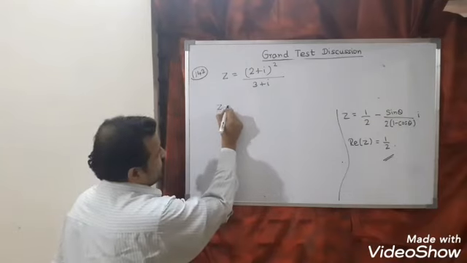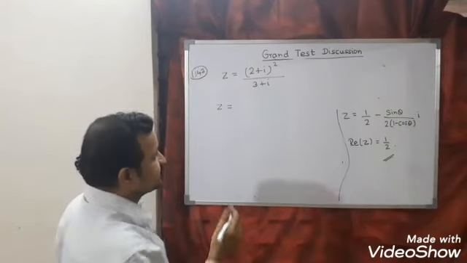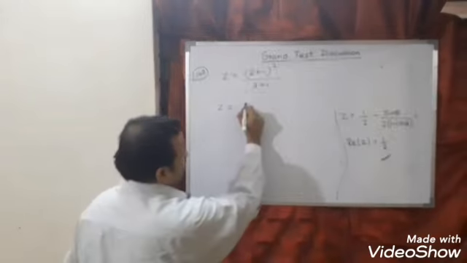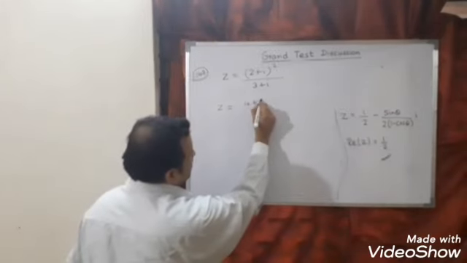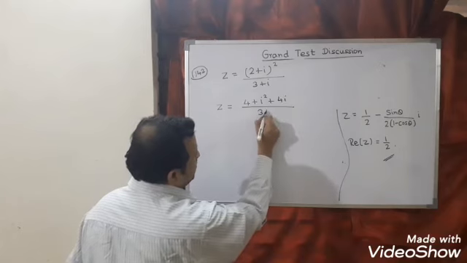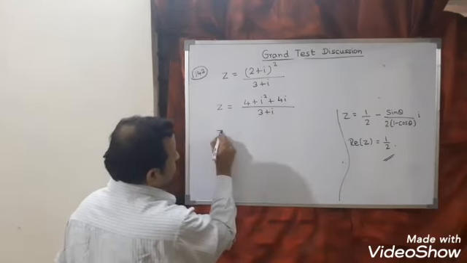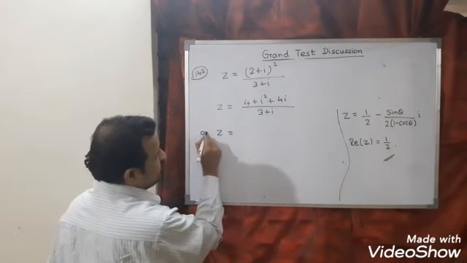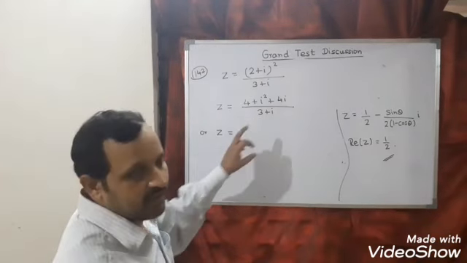So z is equal to, before finding the conjugate, let us expand this. a plus b whole square: 4 plus i square plus 4i divided by 3 plus i. What is i square? Minus 1.